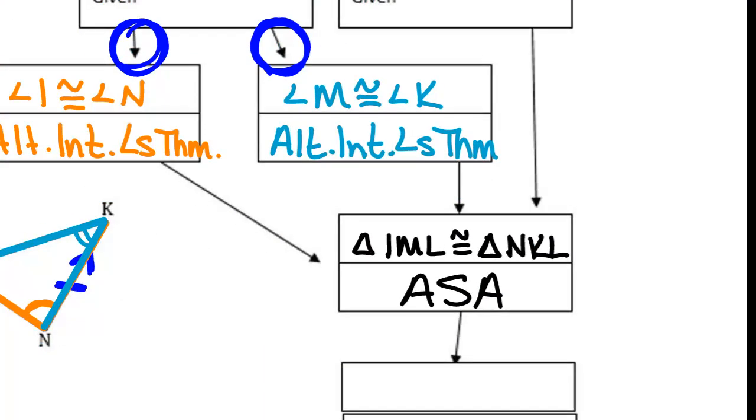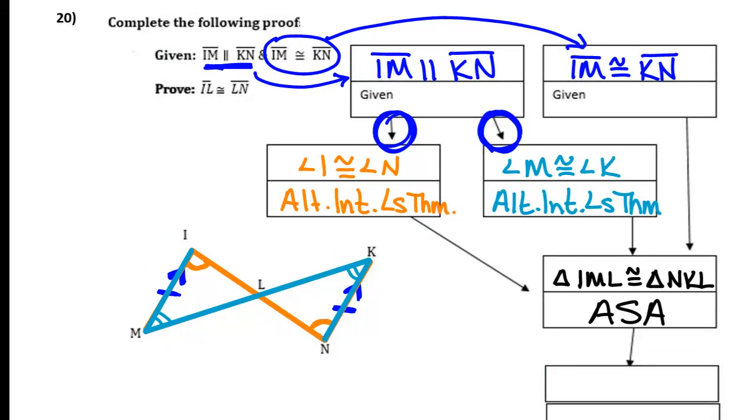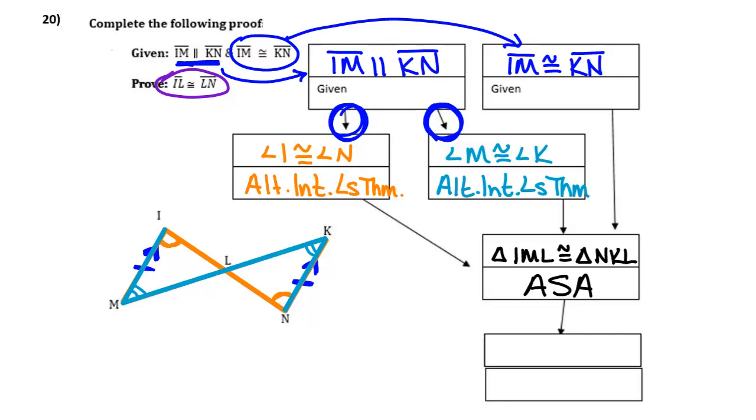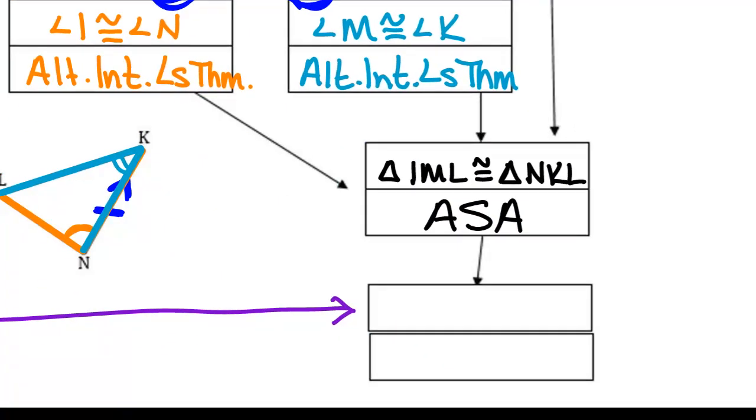NKL. That's not where I'm ending my proof. There's one more box. What was I supposed to be proving on this? IL is congruent to LN. So that needs to come down here. IL is congruent to LN.